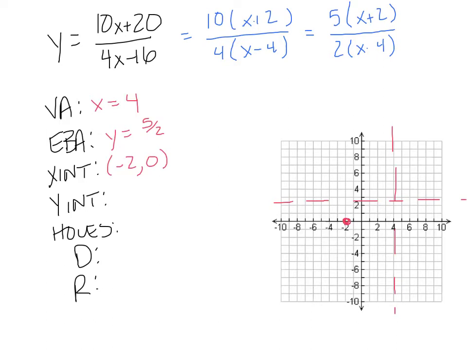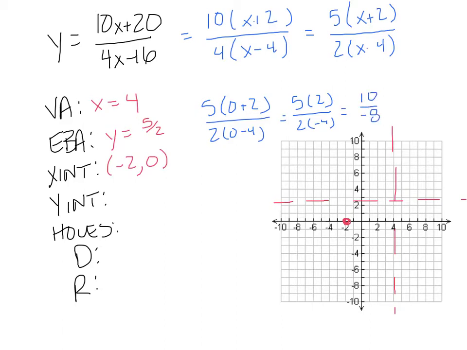Our y-intercept is going to be just plugging in a 0 for all of those x's. So when we do that, we end up with 5 times 0 plus 2 over 2 times 0 minus 4, which is going to be 5 times 2 over 2 times negative 4, which is going to be 10 over negative 8, which is negative 5/4.